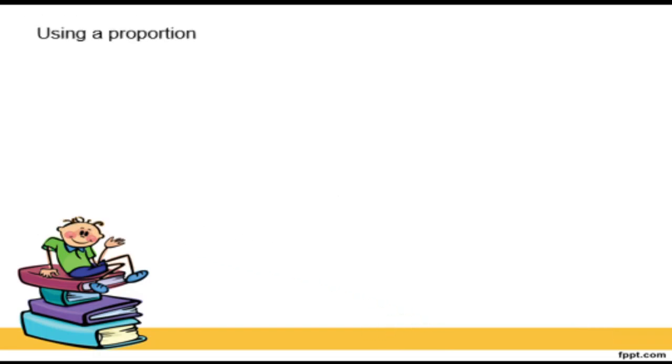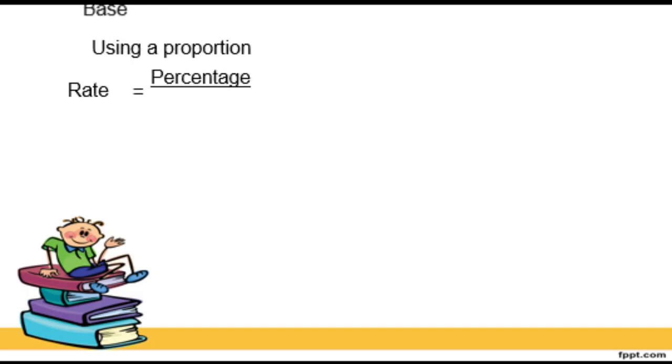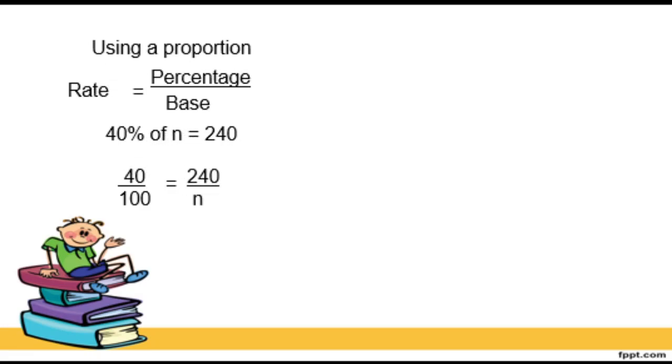Now, by using proportion, so rate is equals to the percentage over the base. So 40% of n, so that is equals to 40 over 100, which is equals to 240 over n.